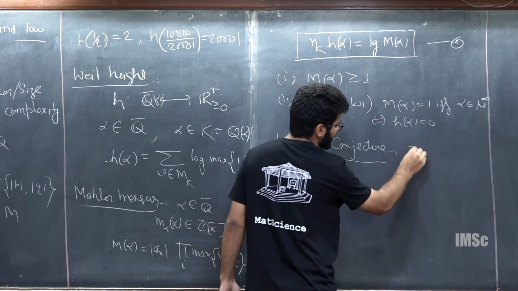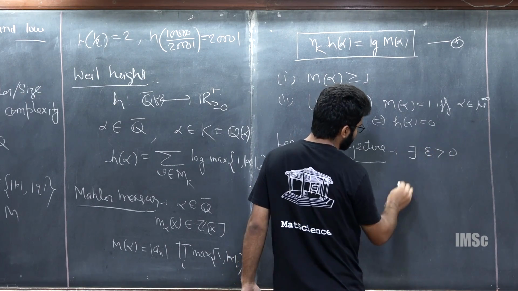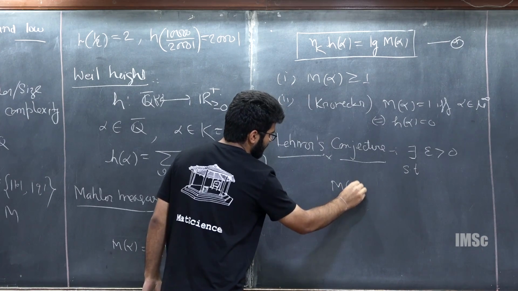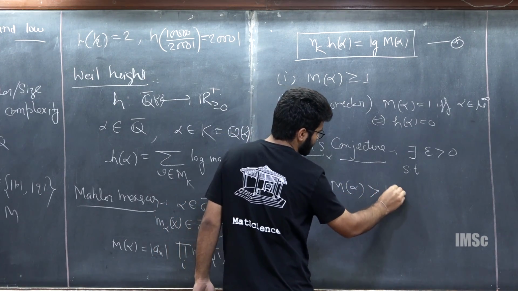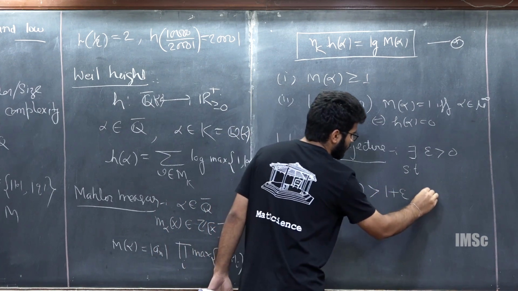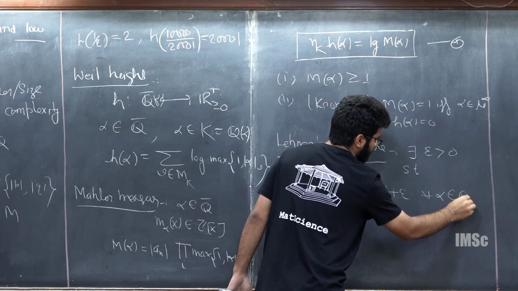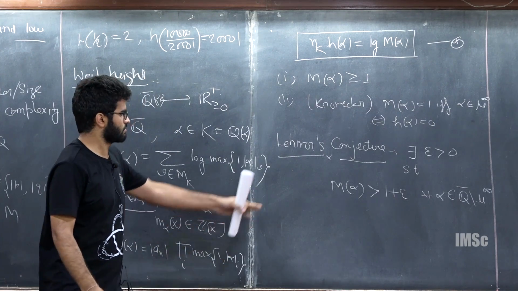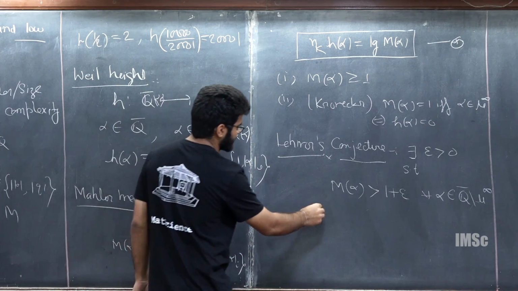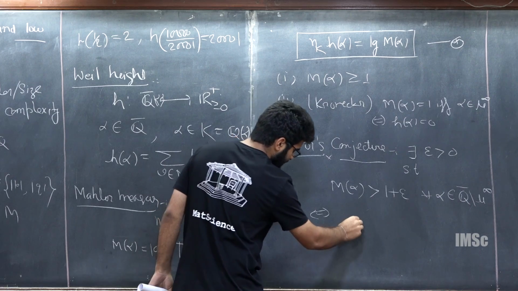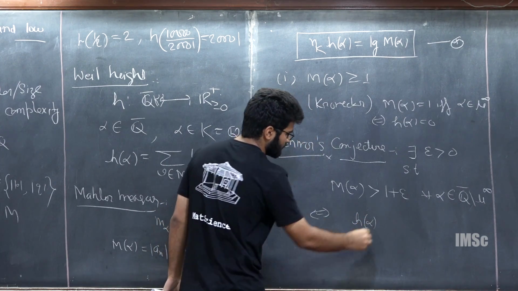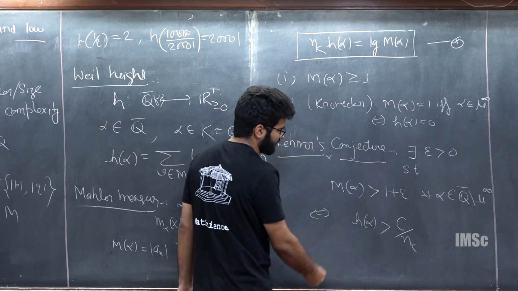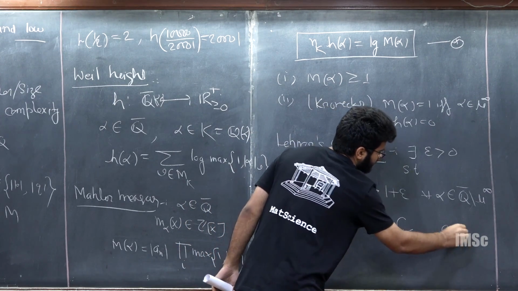It states that there exists an epsilon greater than 0 such that the Mahler measure of alpha is greater than 1 plus epsilon for all alpha belonging to Q bar, not a root of unity. In terms of height function, this conjecture can be stated as: height of alpha is greater than C over n_K, where n_K is the degree of alpha, for some C greater than 0.